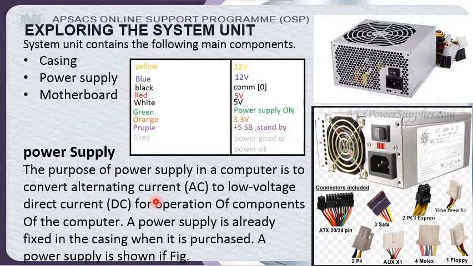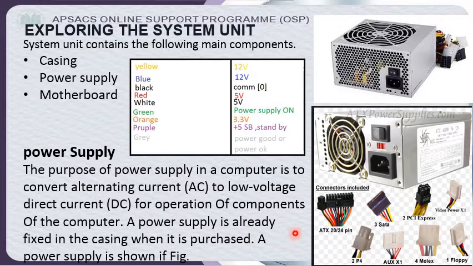If you see inside your computer, hard disk is there, motherboard is there, CD-ROM is there, floppy drive is there, or maybe some other components. They all work on DC, because your computer is a digital device. So in a digital device, the current which is used is a direct current.